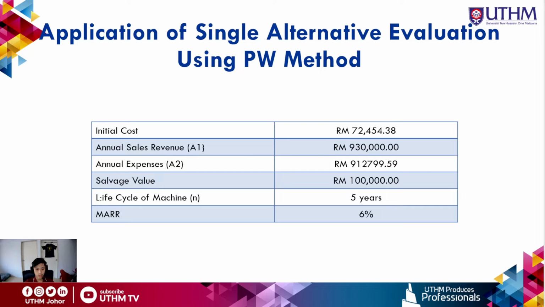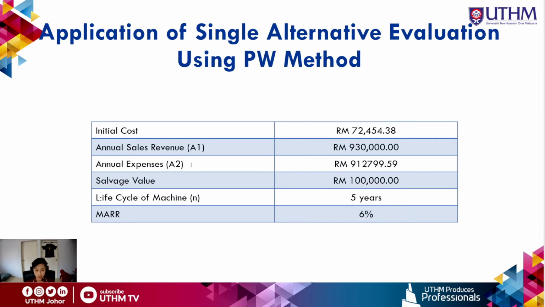The annual sales revenue is the yearly total sales. This value of 930,000 is what we get after selling 300 units of UVC sanitizing depository machine in a year. In a month we will sell around 25. The third one is the annual expenses, which is A2.